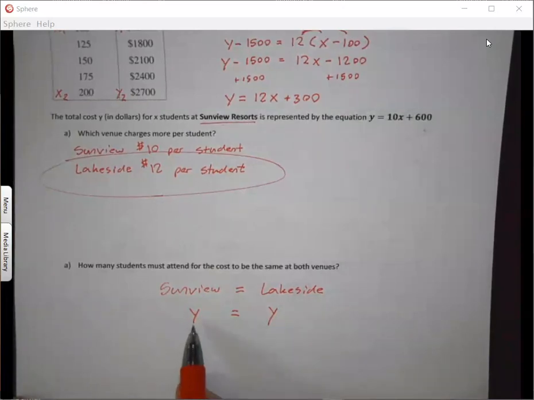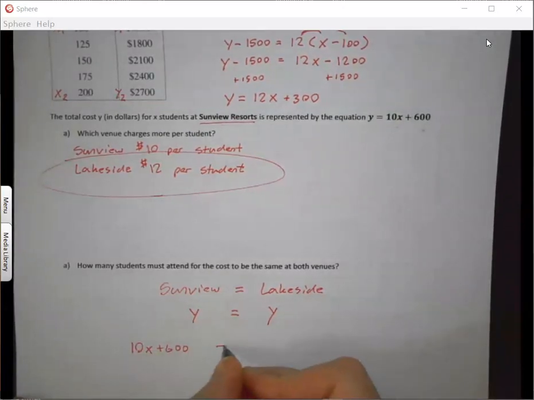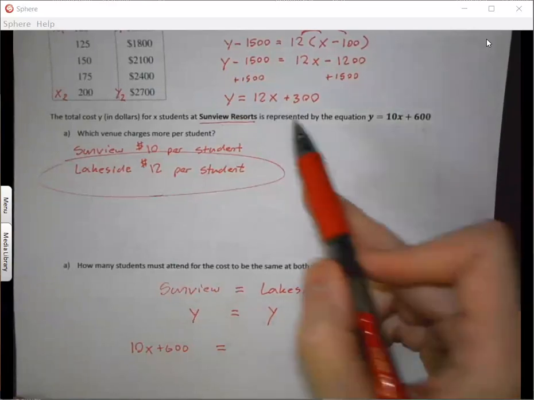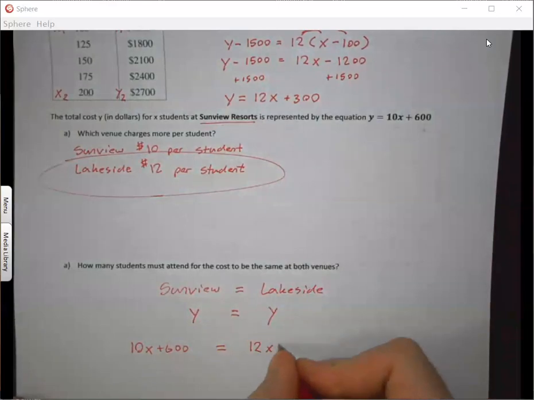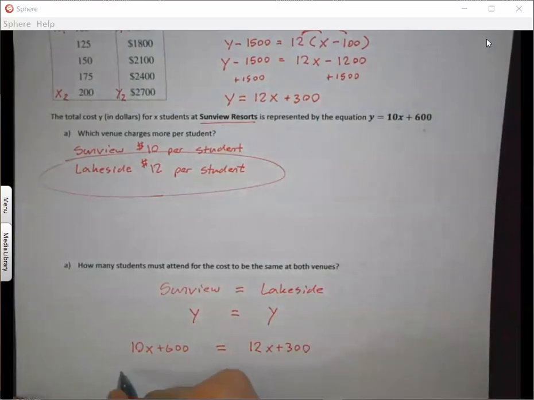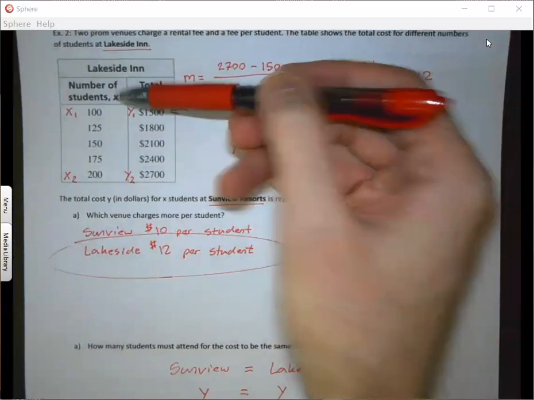Total cost for Sunview represented by 10x plus 600. Total cost for Lakeside represented by 12x plus 300. So now we can solve for x, and that will tell us the number of students.